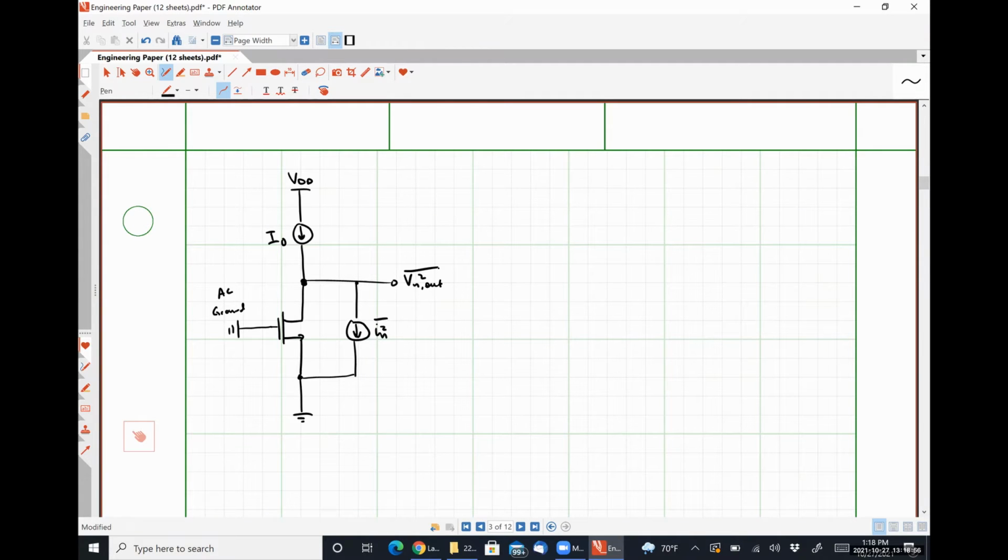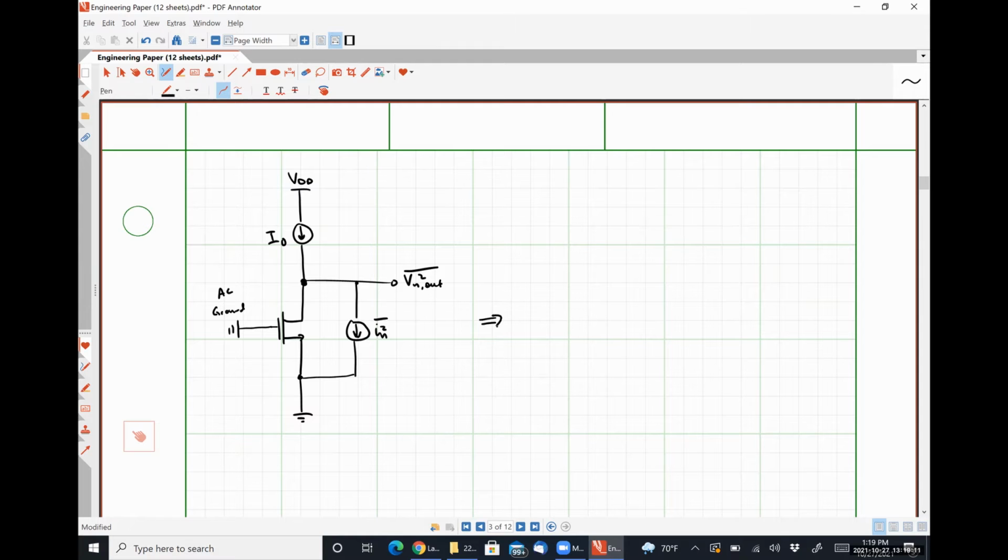So for the next little bit, we're going to always assume that our true input signal is shorted to ground, so that we're only looking at what happens as a result of the noise. That'll be key in just a moment.